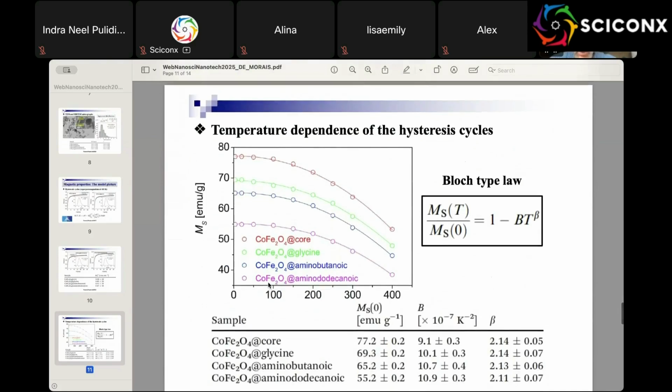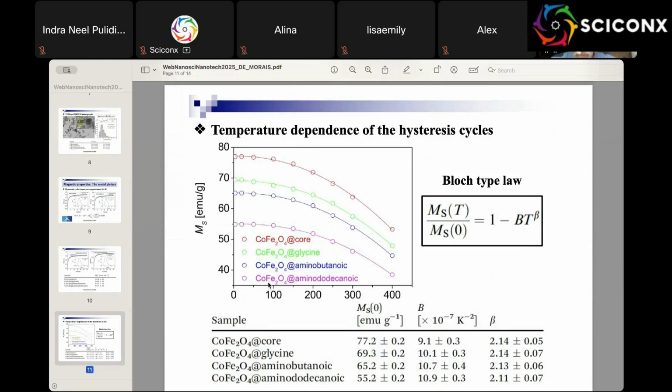Okay, so here is the saturation magnetization as a function of temperature, actually. So you can see the symbols are experimental data, and solid lines are the best curve fitting using the Bloch type law on the right-hand side.